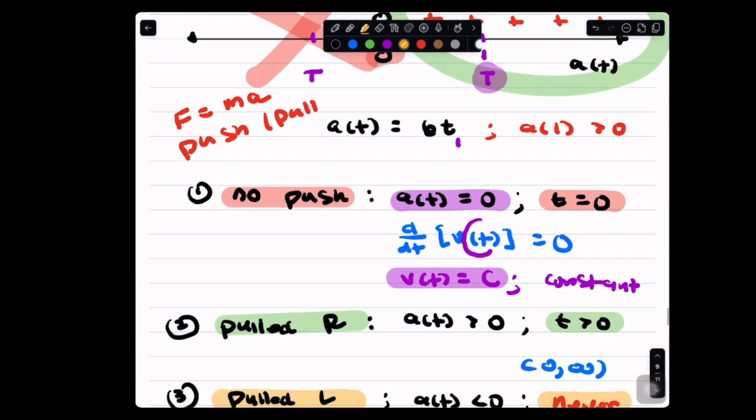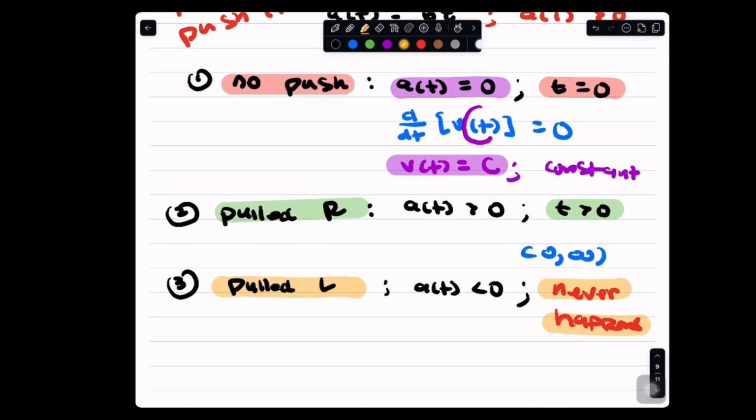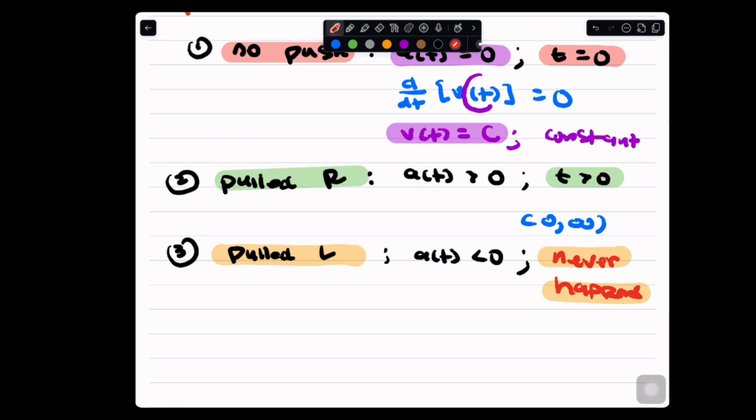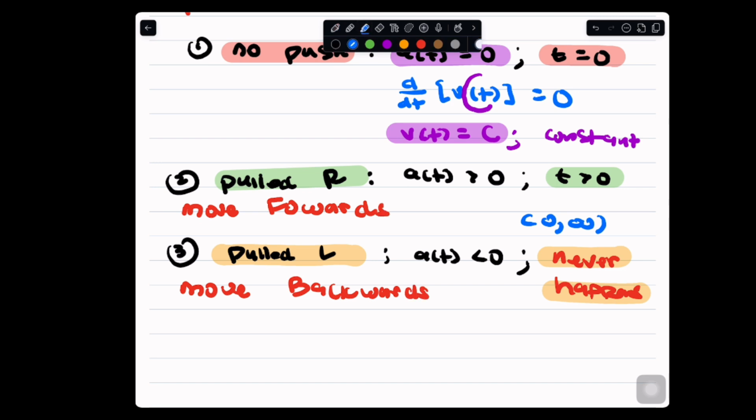But speaking of ChatGPT, what is it called being pulled to the right? They said you are moving forward. The particle says move forward, that's to the right. Move backwards. So the language of Math GPT, going to the right, they call moving forward. Going to the left, they call moving backwards.